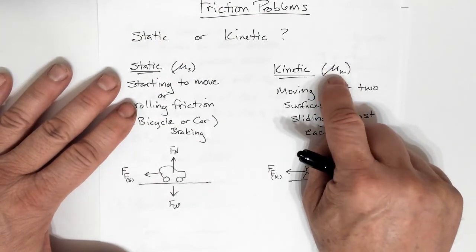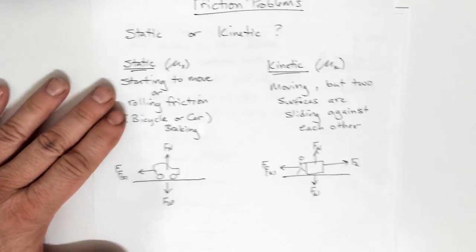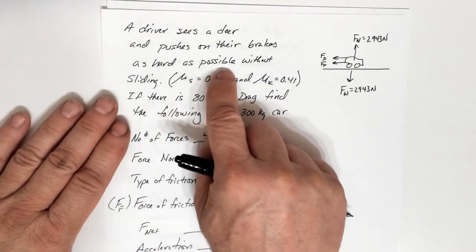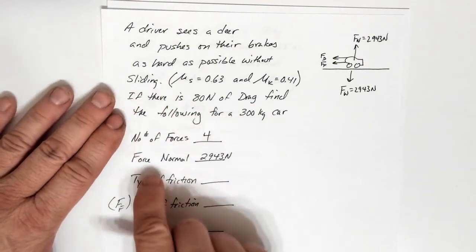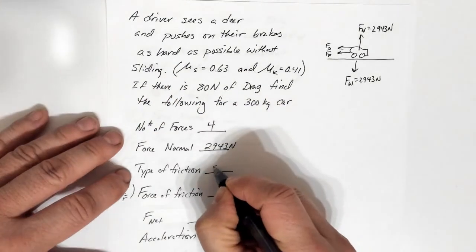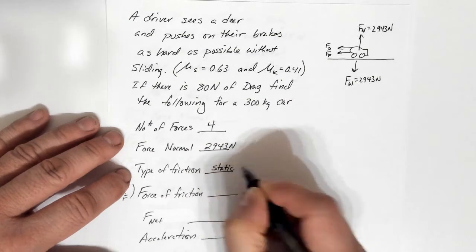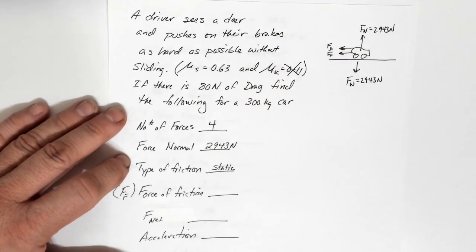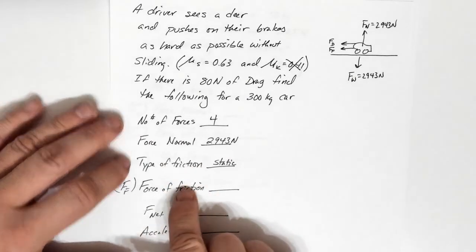Okay, it's called the coefficient of friction. So it said that we're pushing as hard as possible, but without sliding. So we're going to use the static one today. So this one is not important.